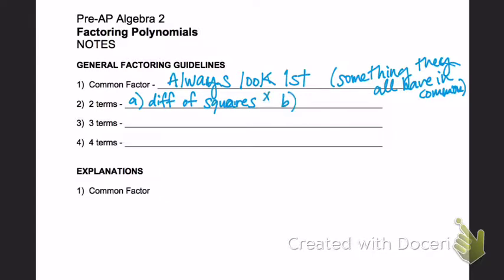That's if it's an x squared. If you see an x cubed and it only has 2 terms, then it's going to be a sum or difference of cubes. Those are 2 formulas that you just have to memorize when you see 2 terms. We'll look at an example with those in a minute.